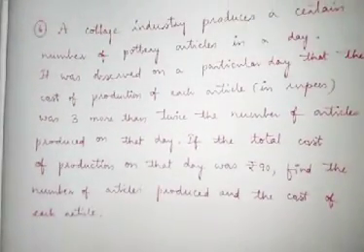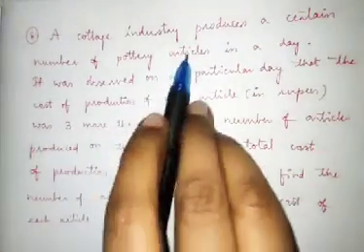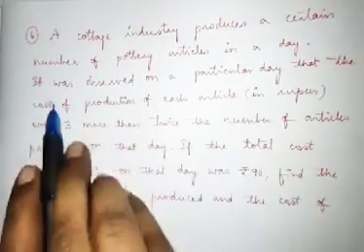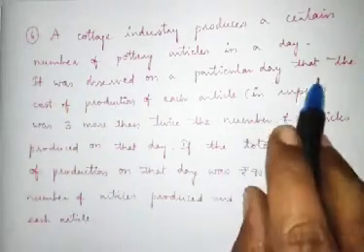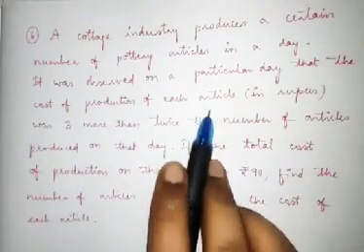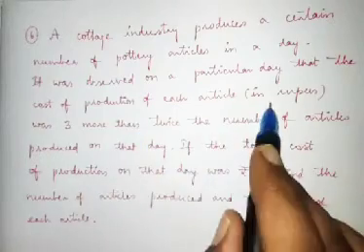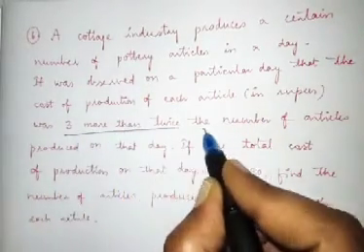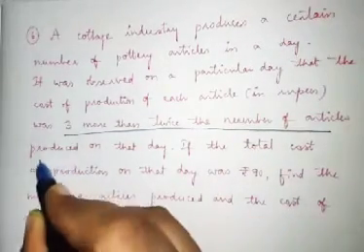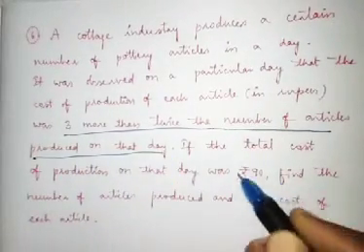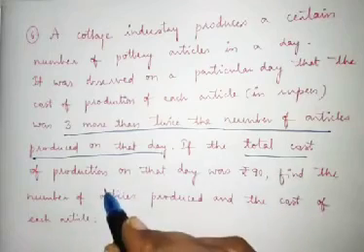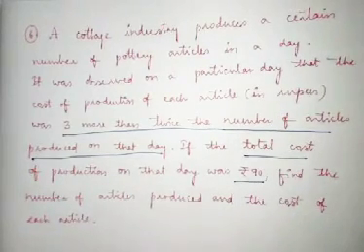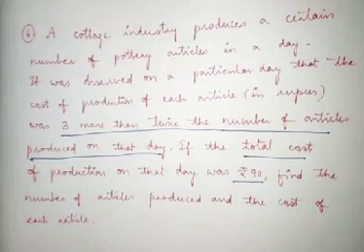Question number 6. A cottage industry produces a certain number of pottery articles in a day. It was observed on a particular day that the cost of production of each article in rupees was 3 more than twice the number of articles produced on that day. If the total cost of production on that day is rupees 90, find the number of articles produced and the cost of each article.